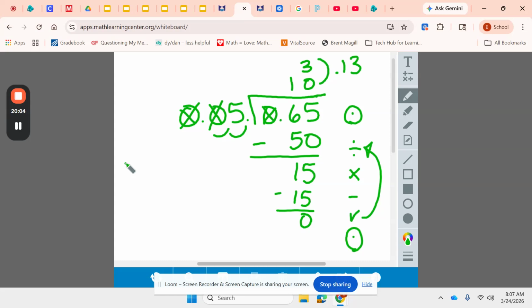Look through. So we have 65 hundredths divided by 5 hundredths. Would I end up with 13 hundredths? No, that doesn't quite make sense, like I said before. So thinking through, I kind of gave you a clue there when I added the decimal.